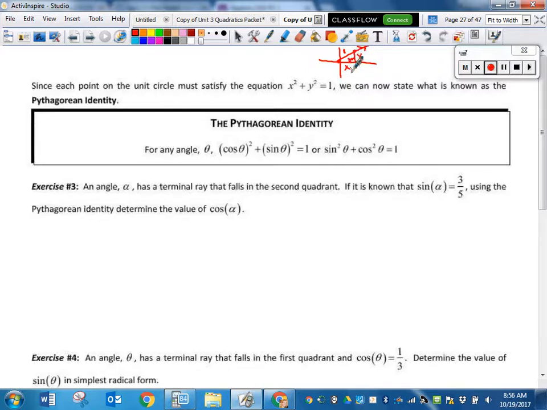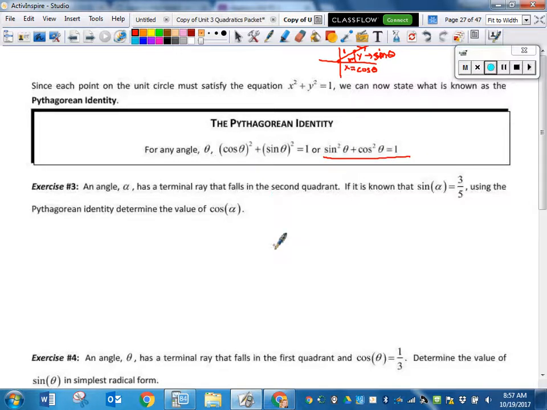But we also know that on the unit circle, when it's equal to 1, that x is cosine of whatever that angle is, we'll call it theta, and y is sine of that angle. So instead of writing x squared plus y squared equals 1, we can do what's called the Pythagorean identity. Cosine squared theta plus sine squared theta equals 1, or more likely you'd see it written like this. But you have to know that those are the same thing.